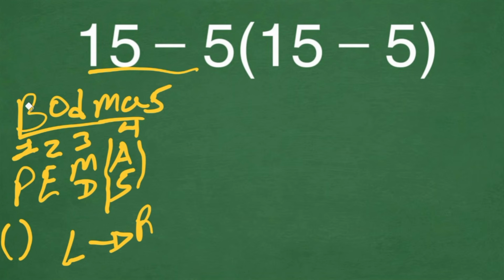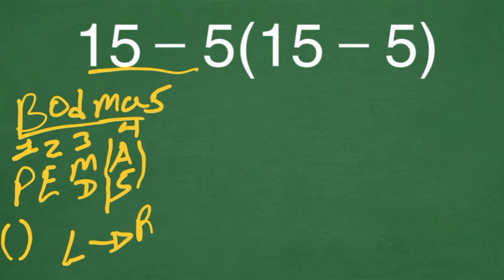B stands for bracket. Here the naming of the arithmetic is changed, but not the meaning, right? So B stands for bracket, and it is the first thing to solve. O stands for exponent, and it is the second thing to solve. Some people may call the O a different word, but wording doesn't matter as long as it has the same meaning, right?